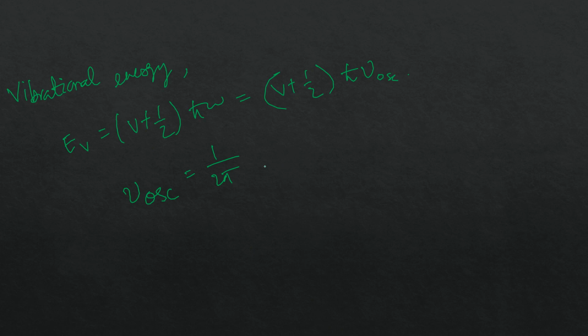I write it: E_V is V plus half times h nu oscillation, where nu oscillation is 1 by 2 pi root over k by mu. Right? This is called the vibrational frequency.